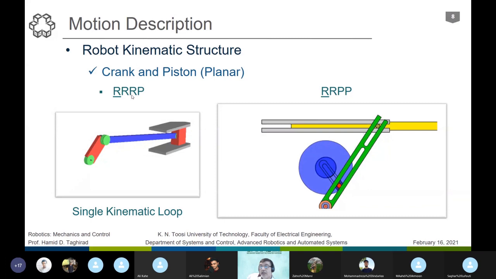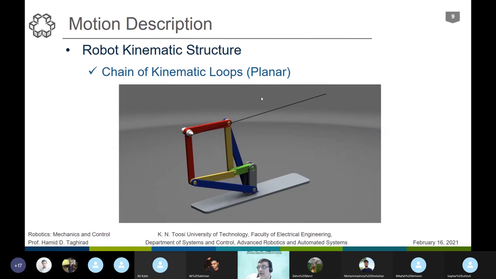Here, there is another mechanism which is quite interesting. It traverses a linear path in space. But as you see, we have more joints and links. It is not just 4 links.